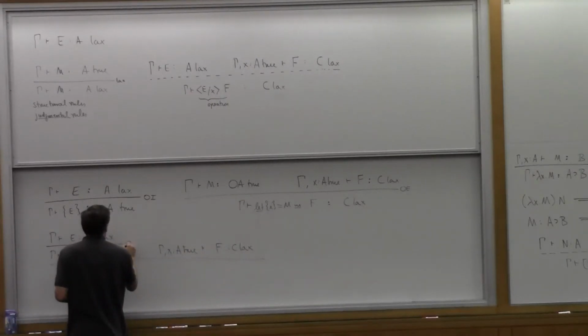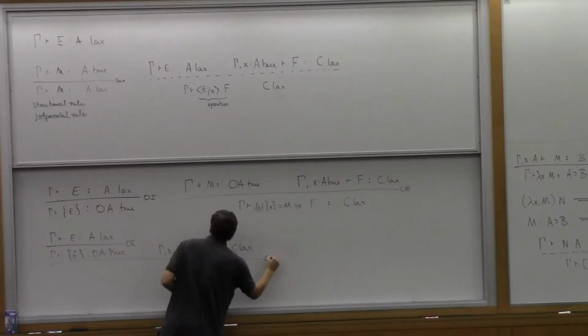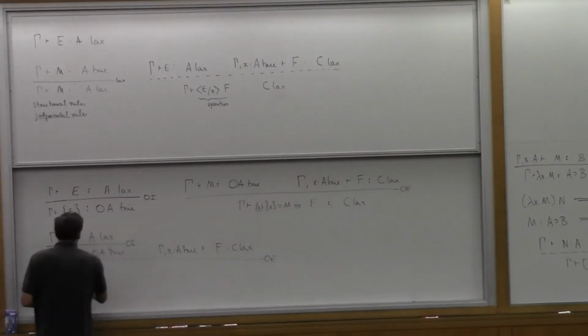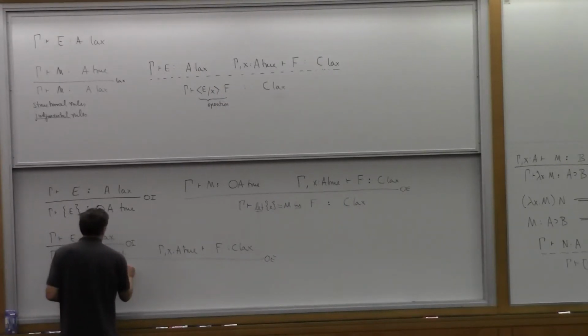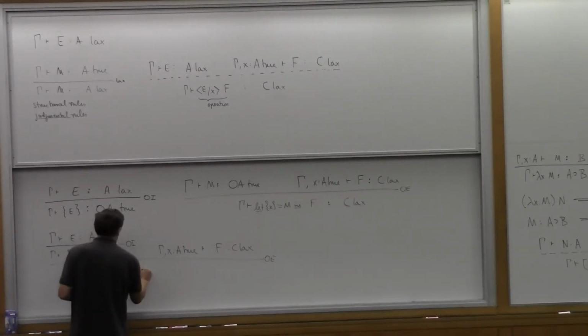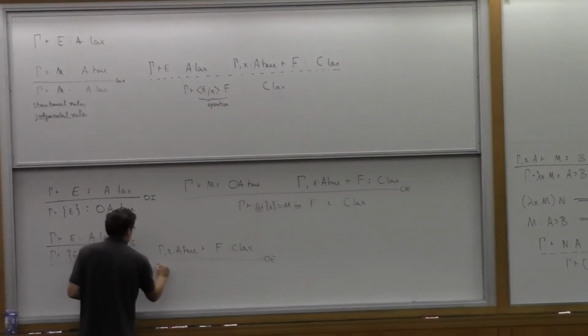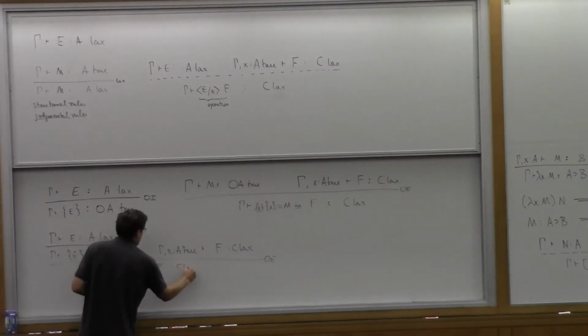Okay, so that's circle I, circle E. Then in gamma we have let {X} = E in F, a proof of C lax.